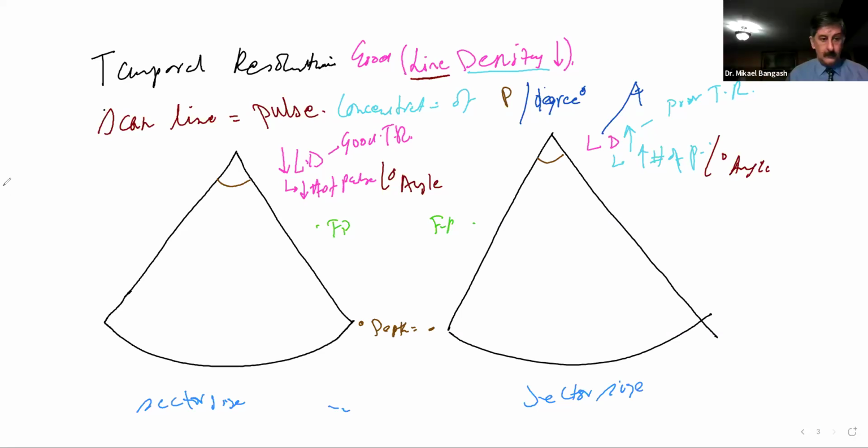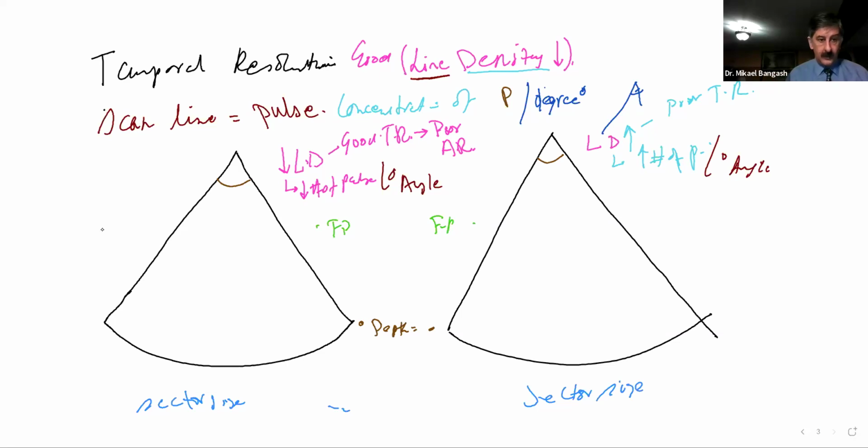Now, earlier we mentioned that since we have a good temporal resolution, that is going to give us a poor axial resolution.